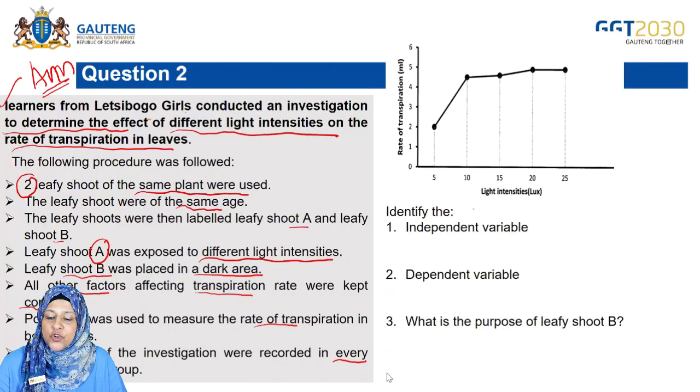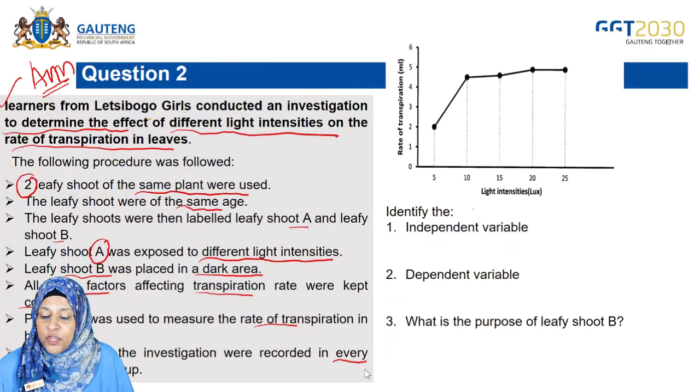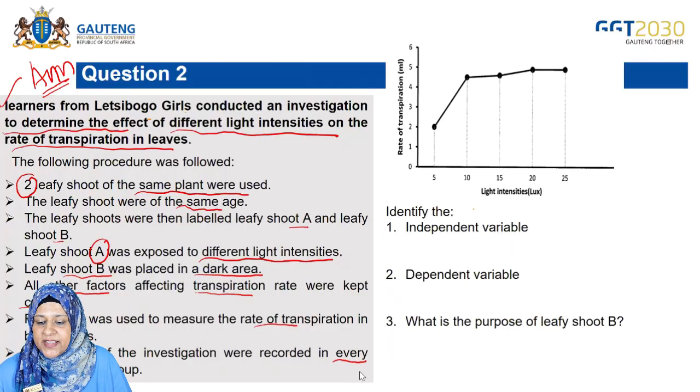Now, we're going to look at the question. But before we look at the question, let's look at the data that has been provided. There's a graph. We have rate of transpiration on the y-axis. We have light intensities on the x-axis, 5, 10, 15, 20, 25. The rate of transpiration in milliliters is 1, 2, 3, 4, 5.